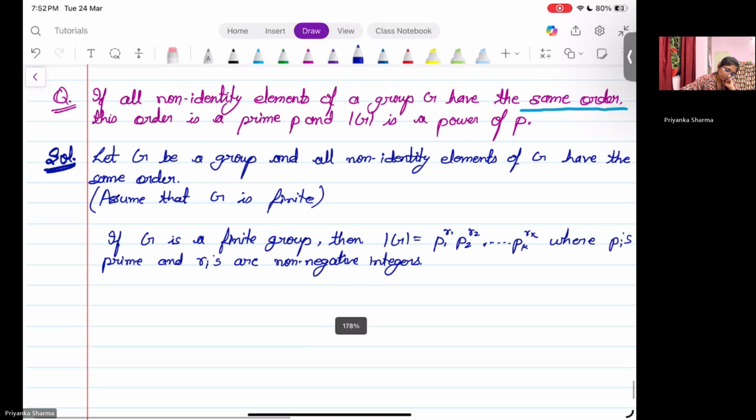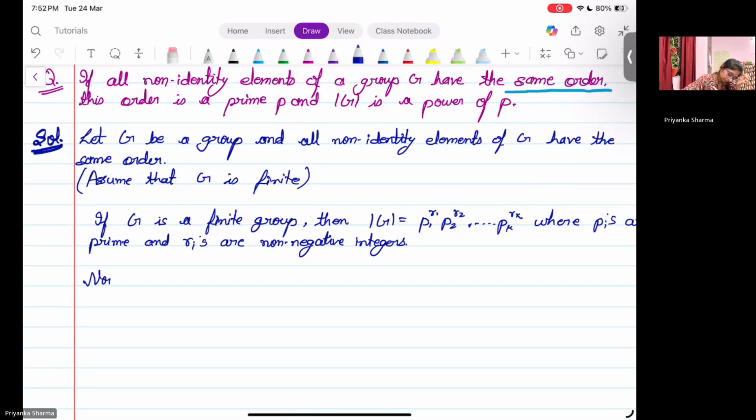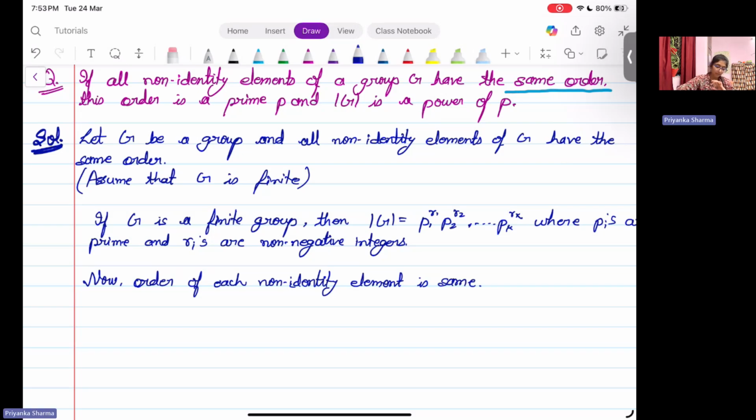Okay, now the orders of each non-identity element is the same. That is the key actually.